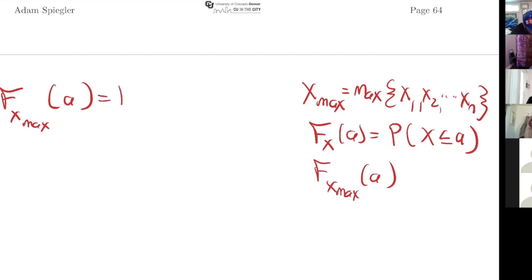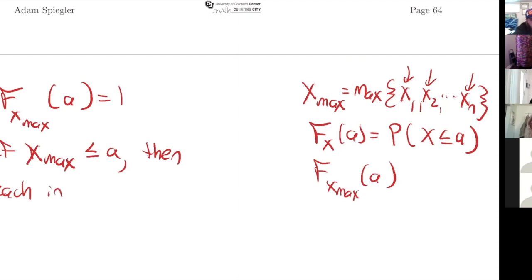And so in order for the maximum value to equal A, that would mean that every single one of these values has to be less than or equal to A. Right? Otherwise, A wouldn't be the maximum value of that sample.